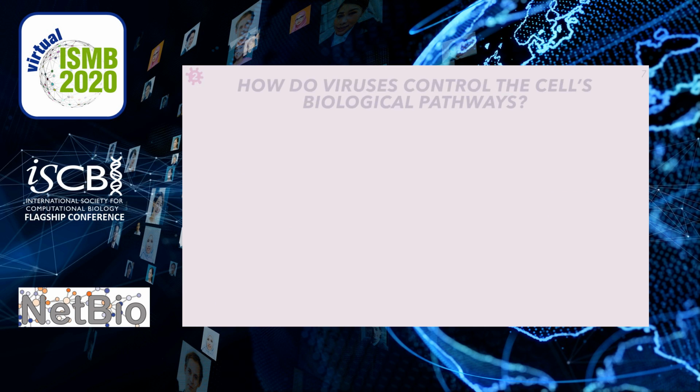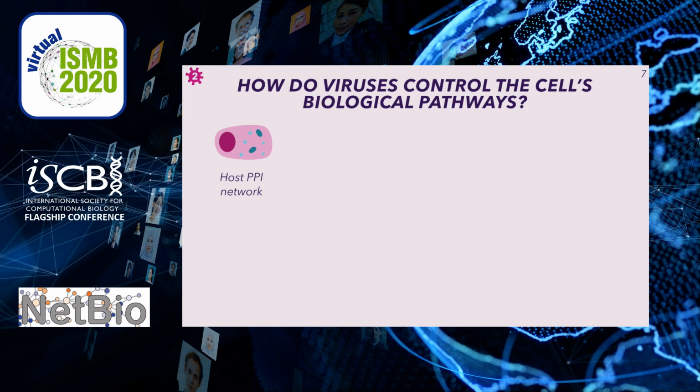Now moving to approach 2, we're motivated to push the PPI further from a static topological snapshot to a dynamic system. And so the question becomes, how do viruses control the cell's biological pathways?